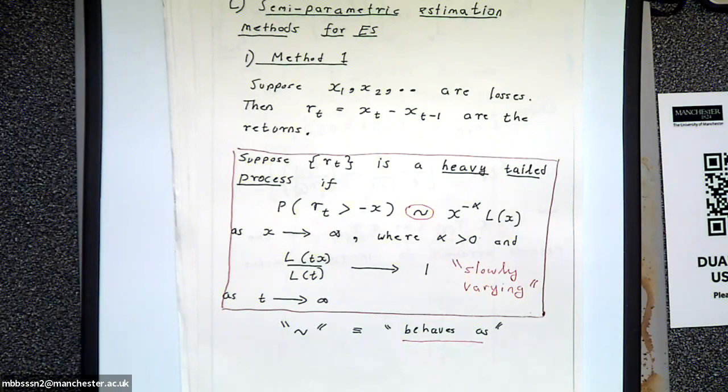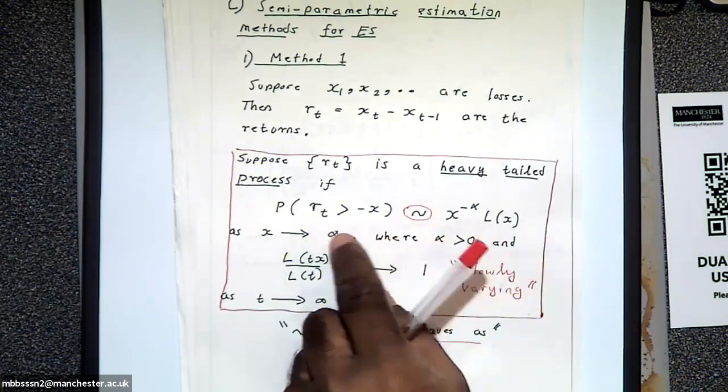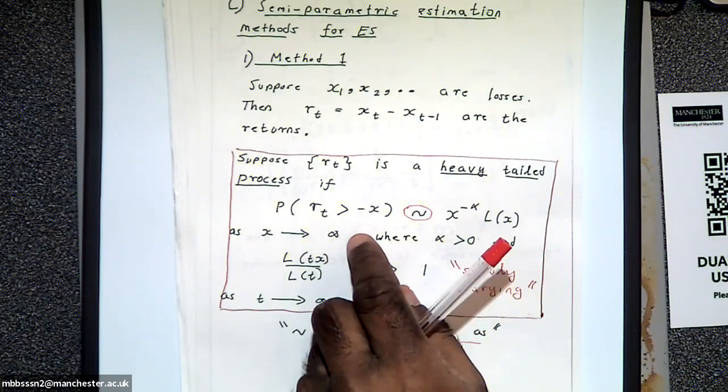If a function satisfies this condition, it is said to be slowly varying, V-A-R-Y-I-N-G, varying. Okay. So this is basically the definition of a heavy tail process.